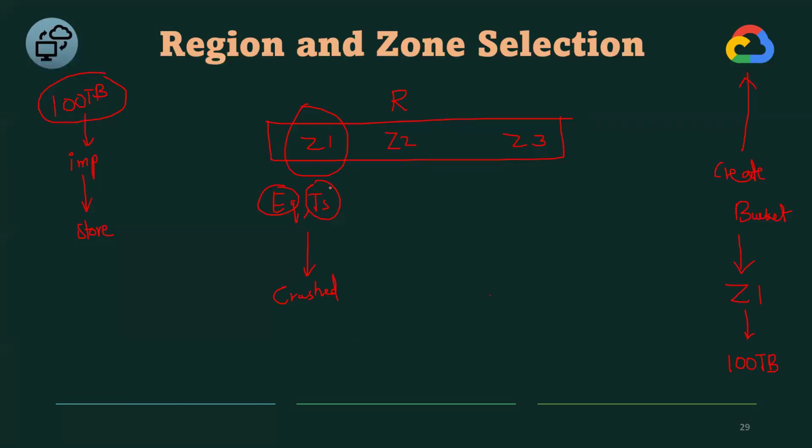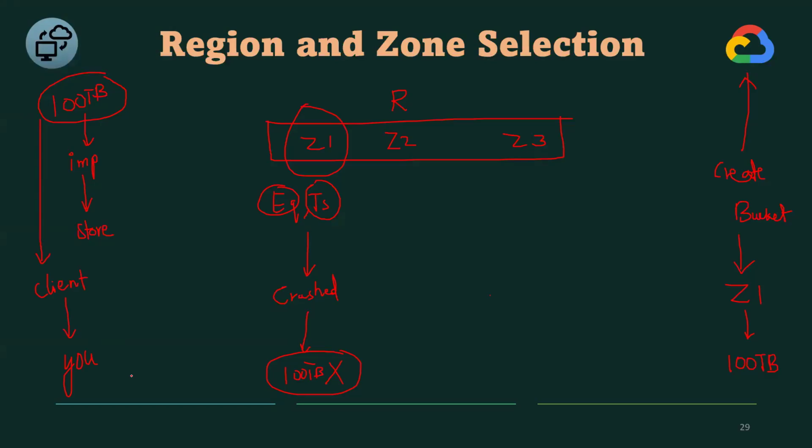Now, if the data center itself is crashed, what happens to your data? It will be lost. You are going to lose it. And what happens to you when the client knows this? He will come to you and scold you like anything: why didn't you select multiple zones in the first place?